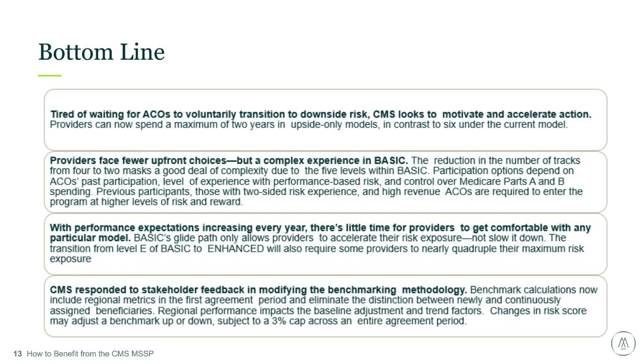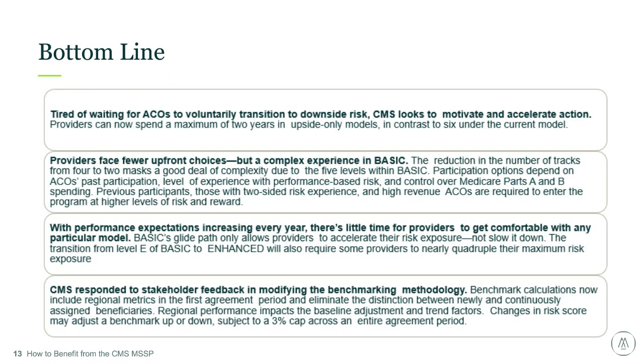So I just want to take a step back. If you're thinking about participating in a CMS MSSP, or you already have been participating, the difference for this first year is there's now a 2-year window that you can participate in upside only, or 2.5 if you were able to get your filing in February and start in the stub period, which was July of 2019.